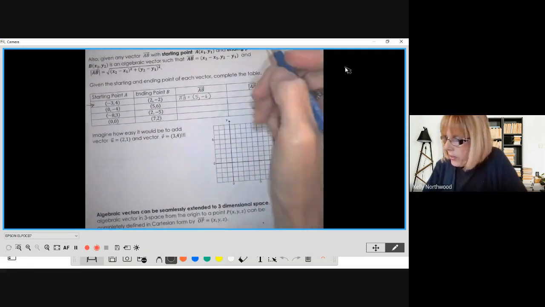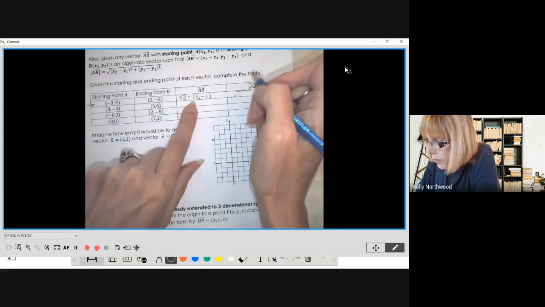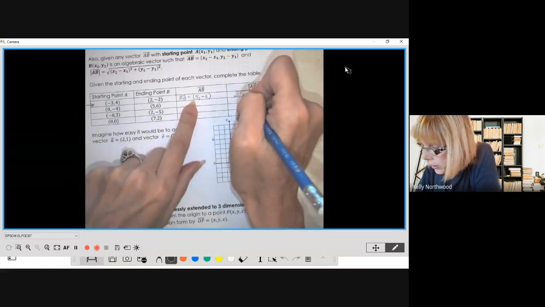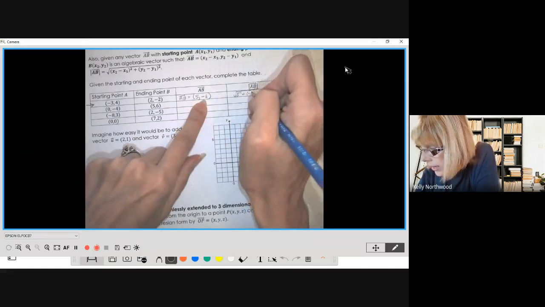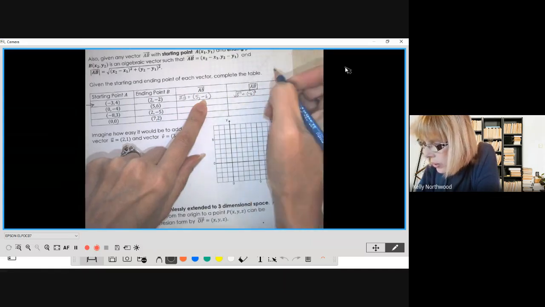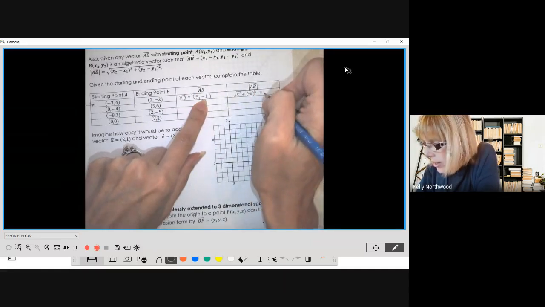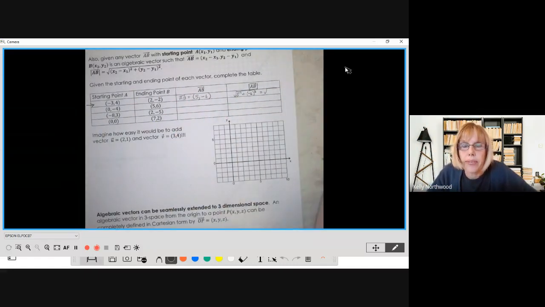So the magnitude of vector AB is going to be the square root of 5 squared plus, now when we're just starting, I'll put -6 in brackets squared, but I don't even mind if you don't include the negative sign, because I want you to know in your heart that when you square a negative number, you get a positive.